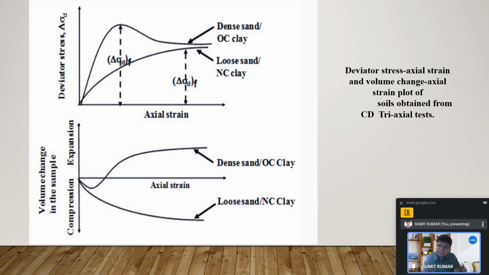Some of the interrelations show the value of deviatoric stress with the axial strain. Over there you can see that for a dense sand, a peak is found at some deviatoric stress value. Afterwards, it will fall for the small stress as the strain increases.